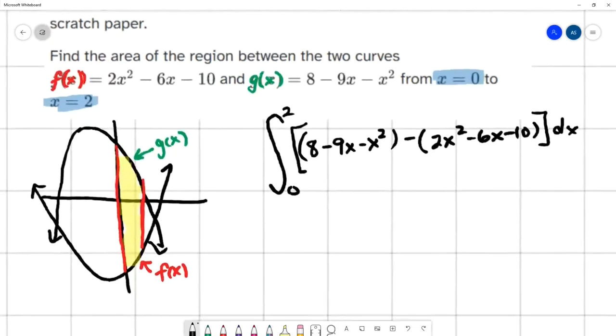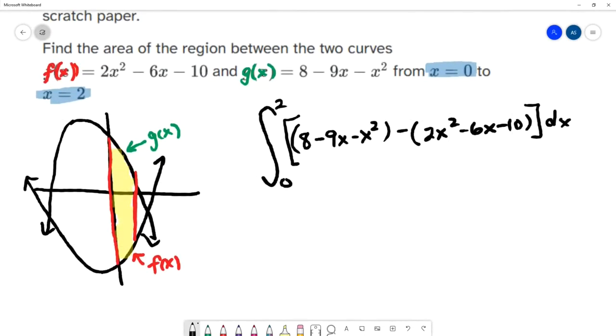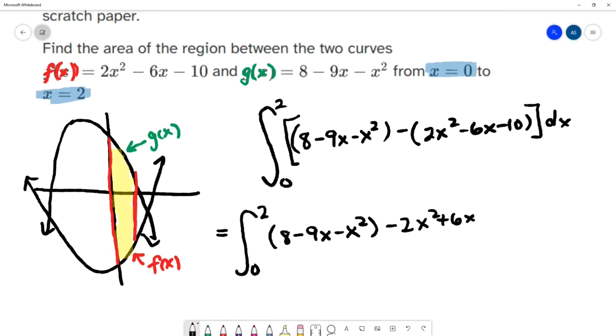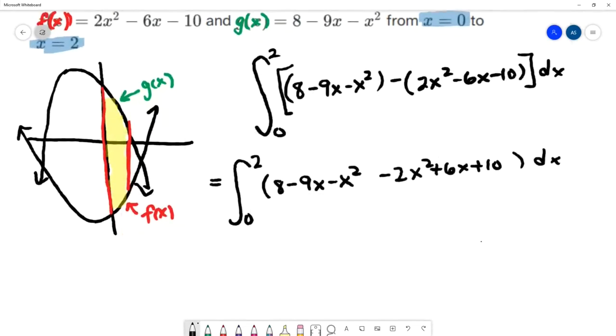So then we need to do a little algebra to simplify before we try to find the integral. I would distribute that negative to make this minus 2x squared plus 6x plus 10 dx. Then I can combine like terms.